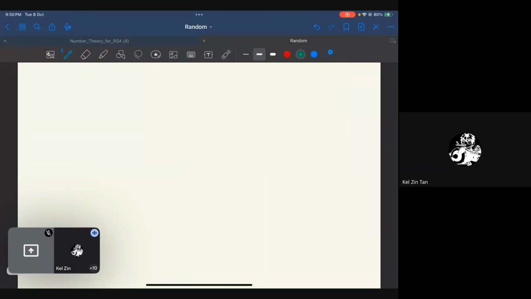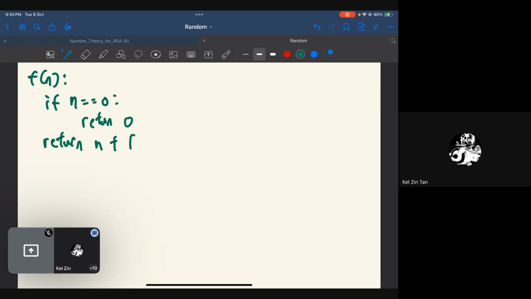So for complexity 2, we were solving this question. If n is 0, return 0, and otherwise return n plus f(n-1) plus f(n-1).